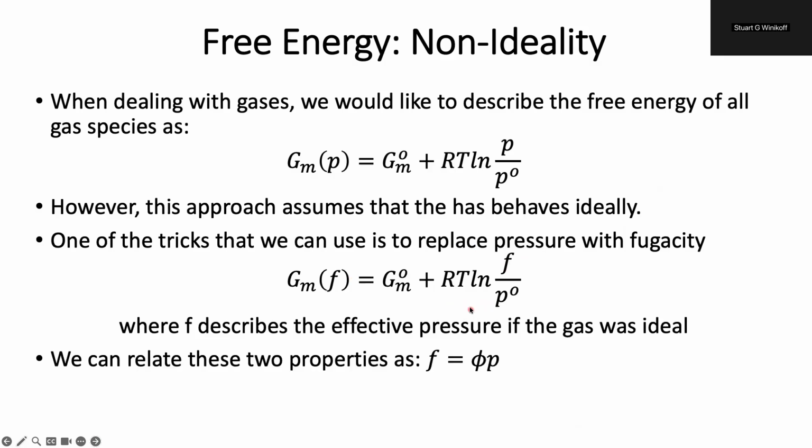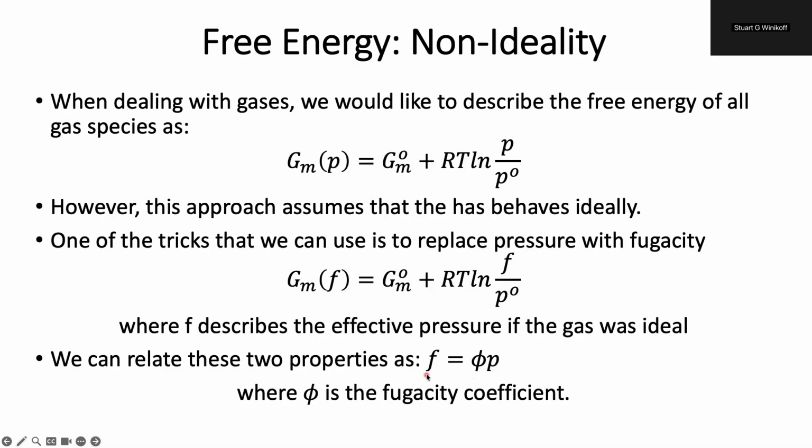Now, we can relate the fugacity to the actual pressure through this nice simple equation where this phi is known as the fugacity coefficient. And the fugacity coefficient really is our true fudge factor. So if the fugacity coefficient is 0.7, it means that the gas acts like it has only 70% of its pressure.